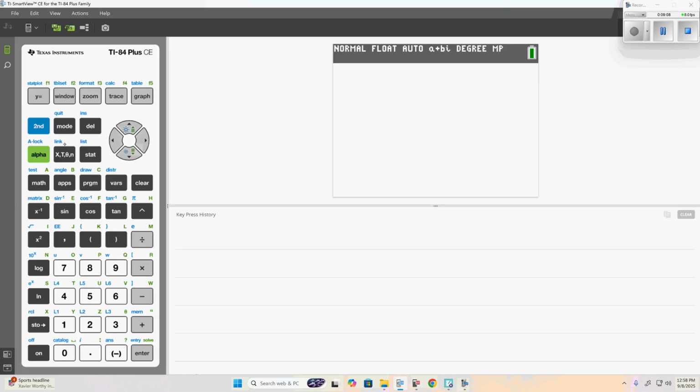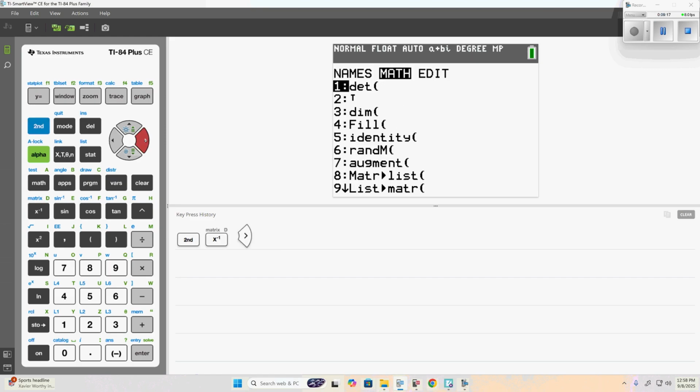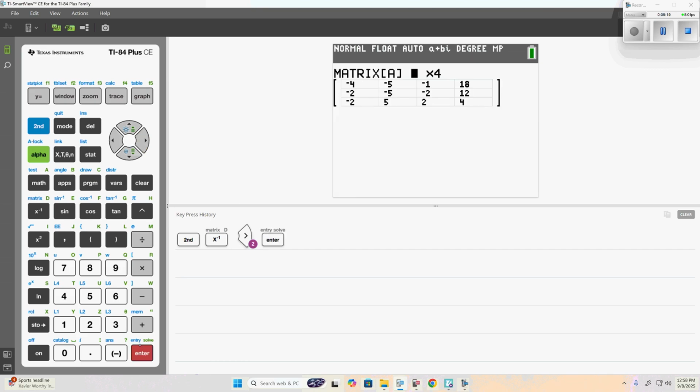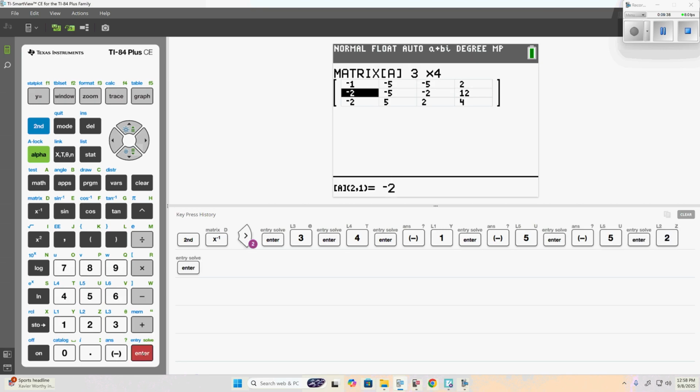Now to type it into the calculator, first thing we're going to do is what? Second, matrix. Then we're going to go over to edit, and we'll hit enter. We're just going to pick that first matrix, matrix A. Now we're going to type the dimensions in. It is a 3 by 4. And we'll type our numbers in going across the top.